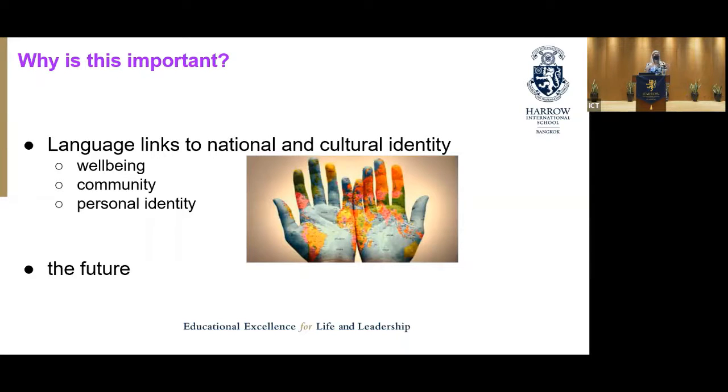And there is huge links between that and language as well. So linked to being bilingual and having that home language, despite coming to an international school and being surrounded by English as the common language at Harrow, we must value their home language as well. And we must be doing that at home and at school, so that they can really establish and have that sense of place in the world, knowing where they are and where their community is. That leads to greater well-being.